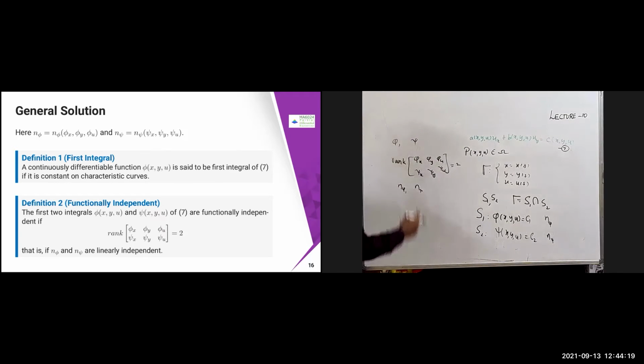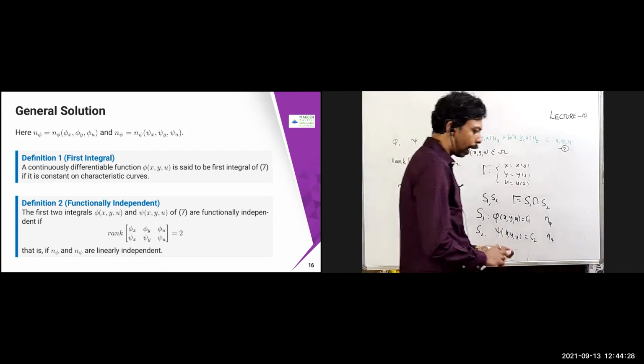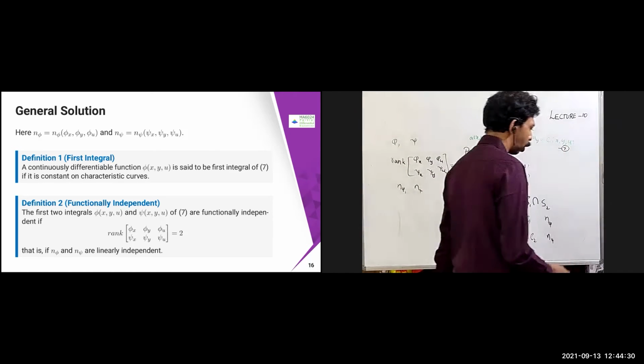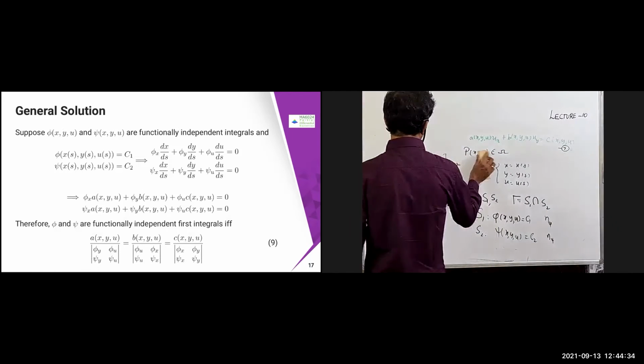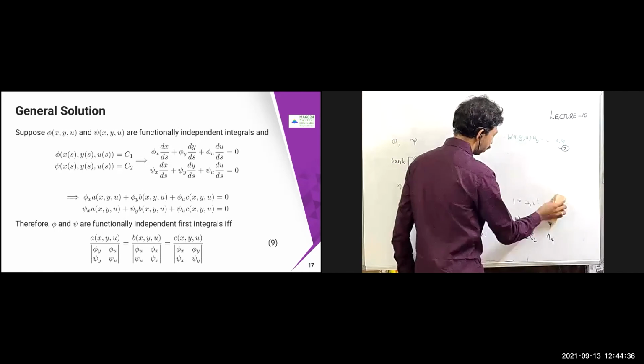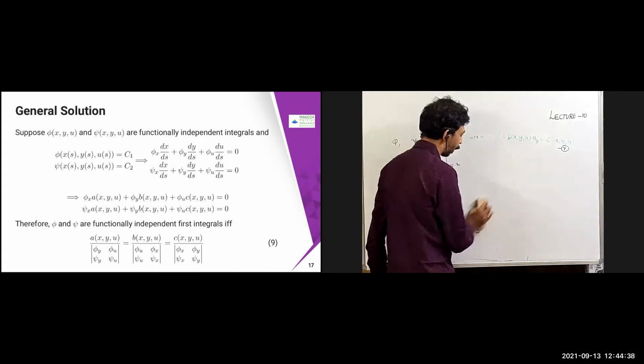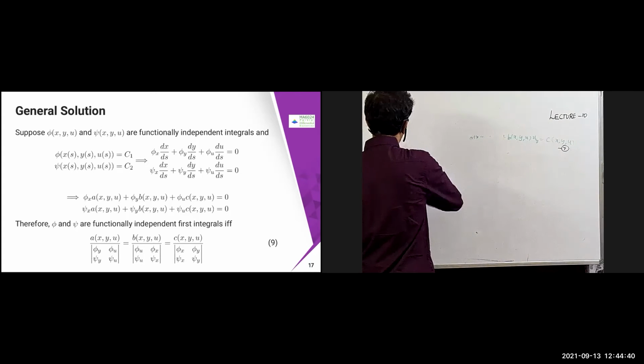That is the same as saying n pi and n psi are linearly independent. If these two are linearly independent, automatically this rank is going to be 2. Let us see that in more detail. So the rank is 2.